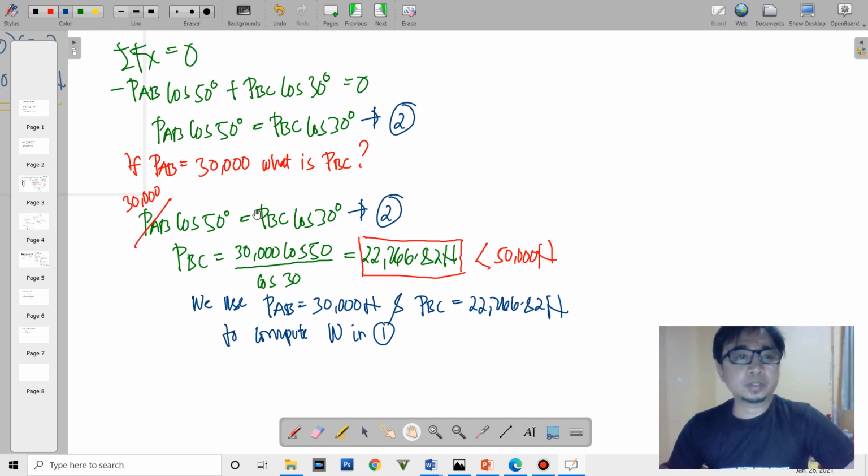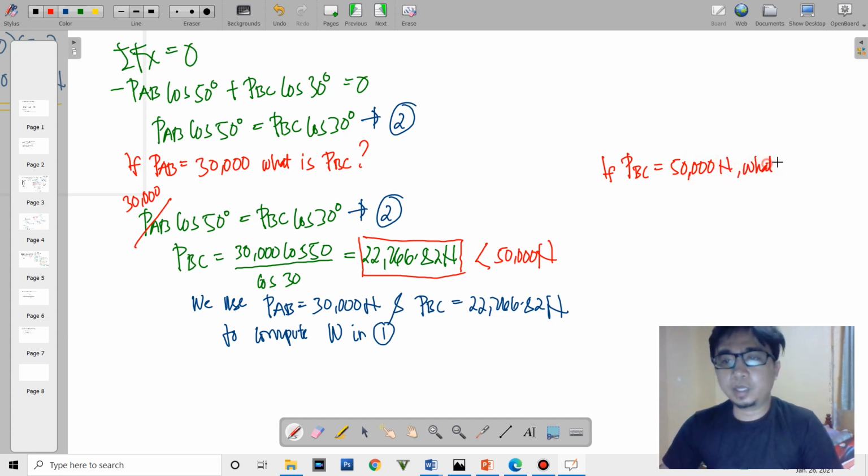Okay, before we substitute, let us have a condition. What if PBC is adopted in your first calculation? Say, if you're going to adopt 50,000 Newton, what is PAB?